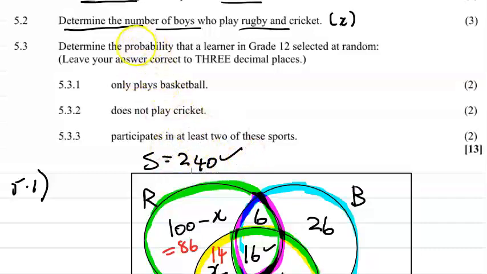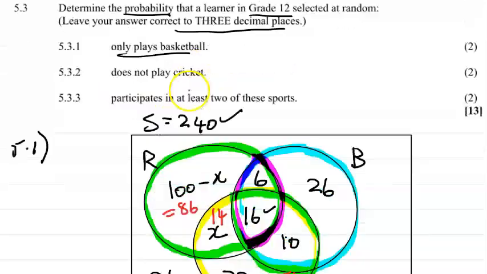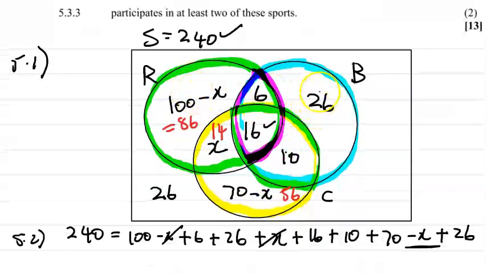Okay, so determine the probability that a learner in grade 12 selected at random, it says leave your answer correct to 3 decimal places, only plays basketball. So the learner only plays basketball. It is now going to be this value here, which is 26 over 240.